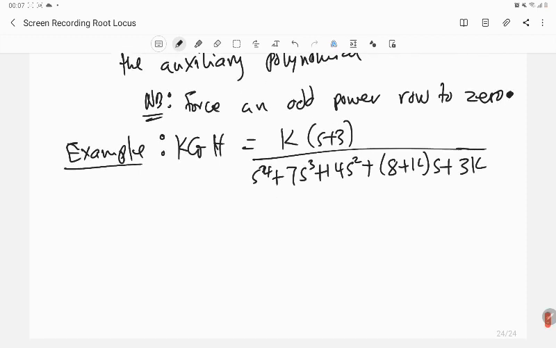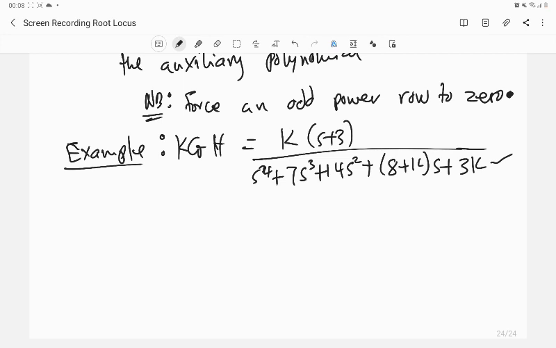The assumption is that some factors were expanded to get this. So this is the open loop transfer function we are using, not the closed loop transfer function. If we knew the roots of the closed loop transfer function, we shouldn't have worried ourselves.